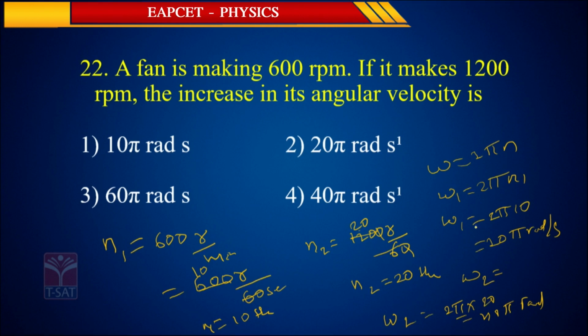Omega 1 is 20 pi, omega 2 is 40 pi. Therefore, delta omega is equal to 40 pi minus 20 pi. Okay, children, 40 minus 20 is 20, so 20 pi radian per second. Here, the second option is correct.